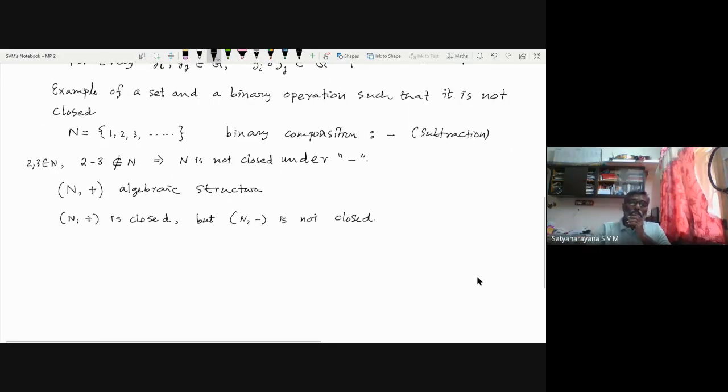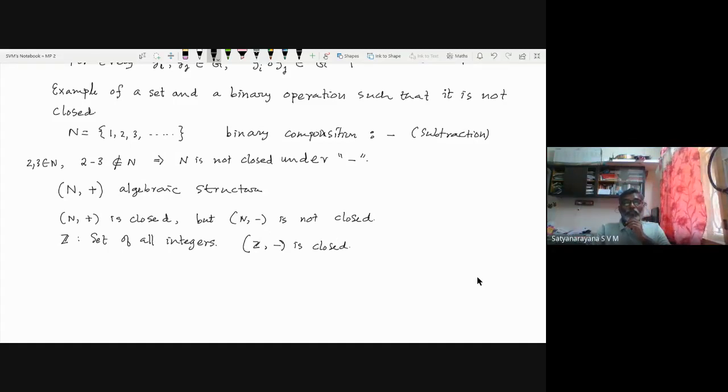Now, consider set of all integers. Okay, so let us define Z as set of all integers. Okay, then you can see Z minus is closed. Okay, N minus is not closed, but Z minus is closed.